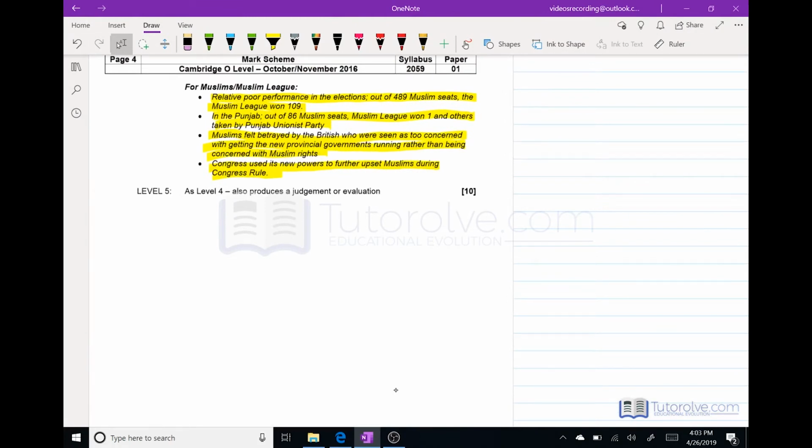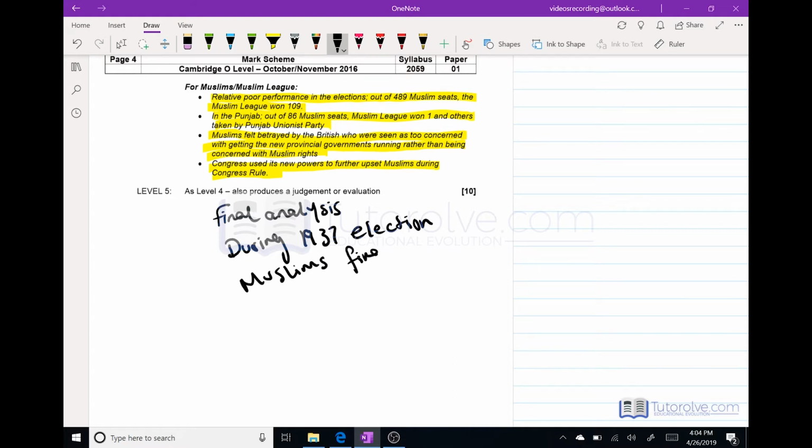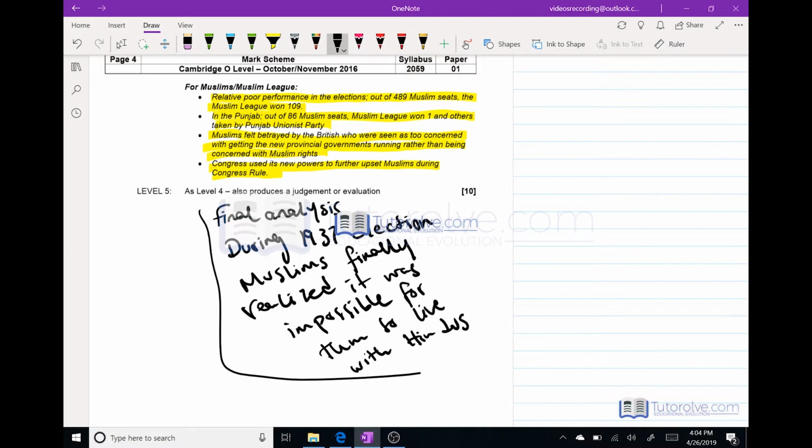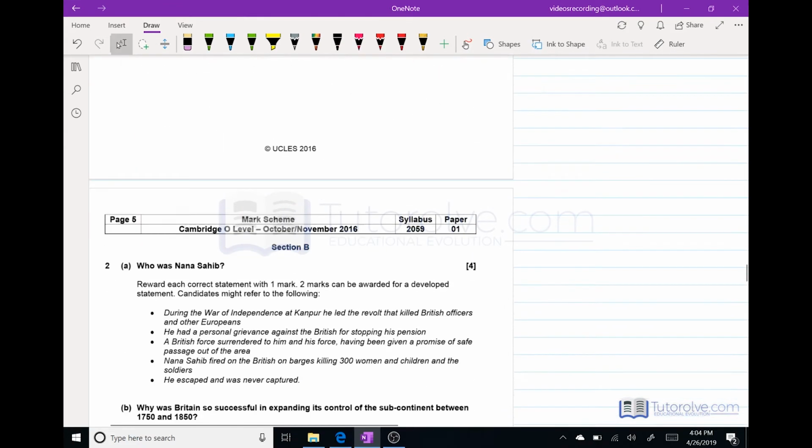And if you add a value added judgment to that, which means that if you evaluate or give a final analysis that during the 1937 election, Muslims finally realized that it was impossible for them to live with Hindus, all of this plus a little note at the end, which is summing up the entire answer, will garner a full 10 marks. So that's for question number 1.